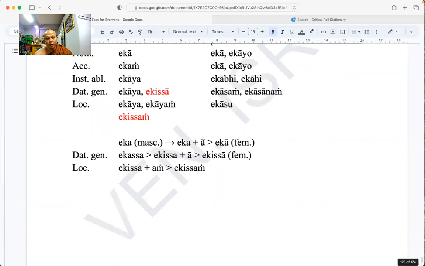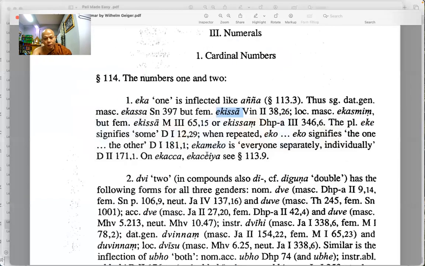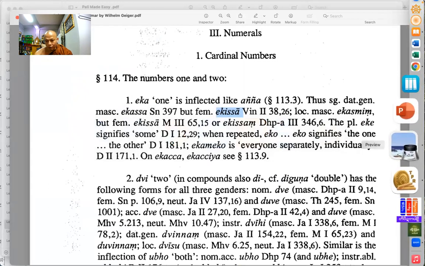And now the next information for declension, which is in the Pali Easy already.